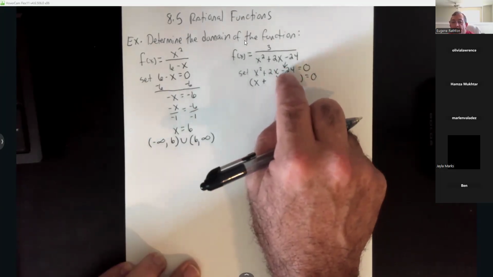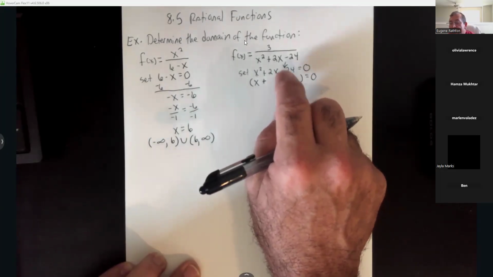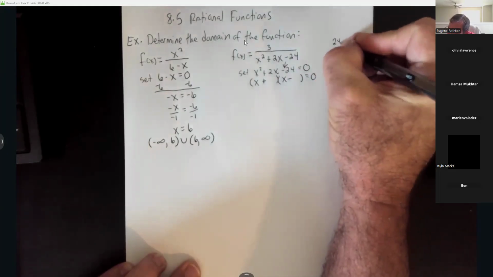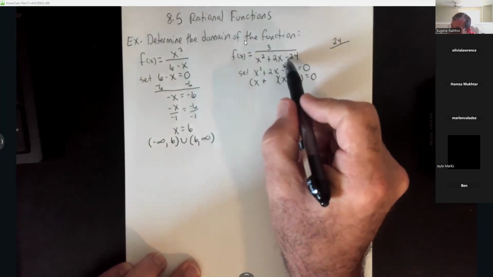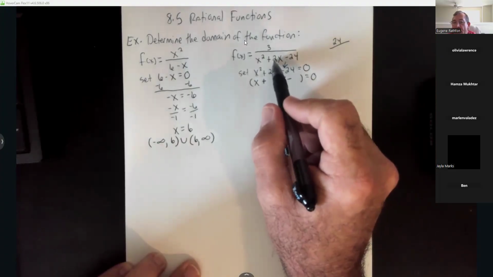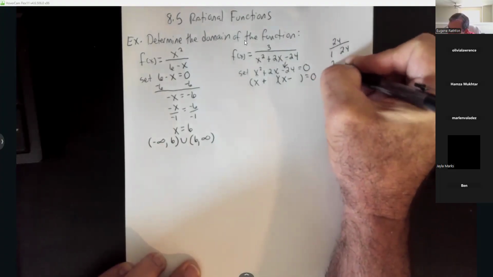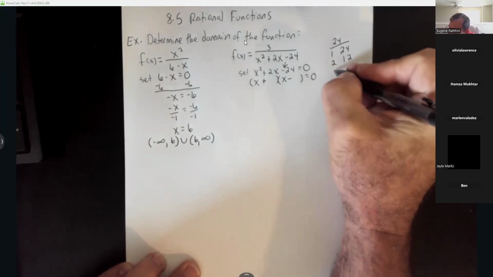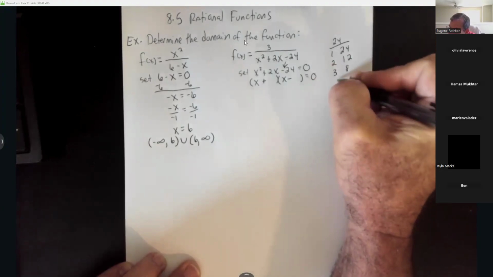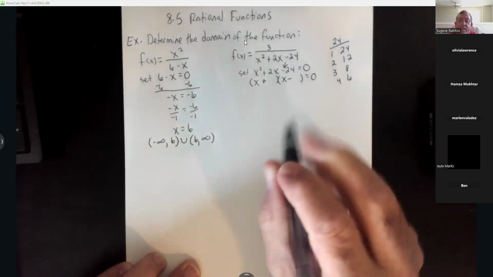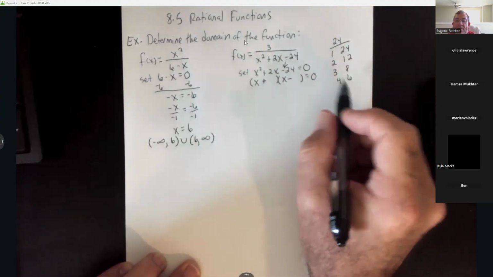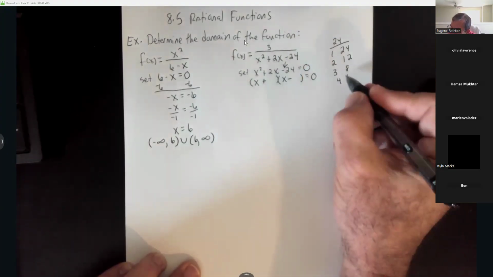Now, since the last one is negative, I'm looking for factors of 24 that subtract to get me a 2. So y'all, 24 is 1 and 24, 2 and 12, 3 and 8, 4 and 6. The factors that'll subtract and give me 2 are 4 and 6.